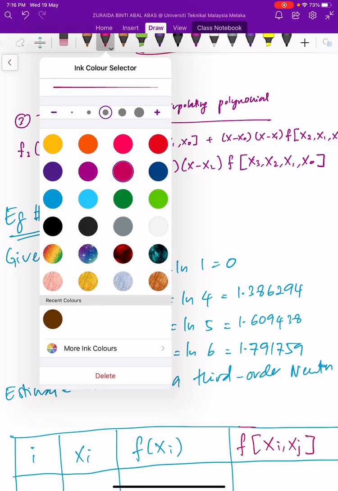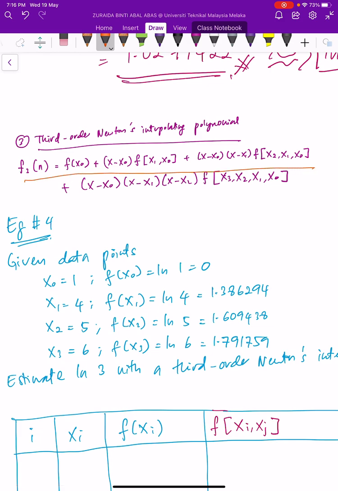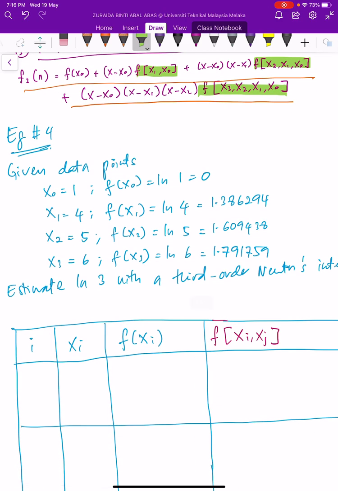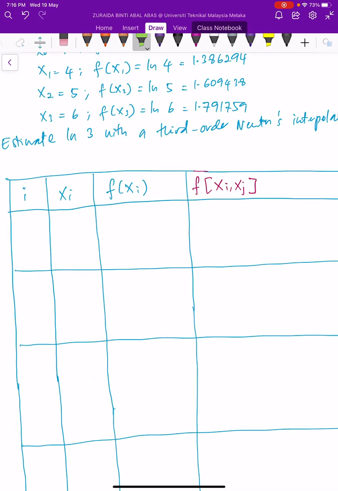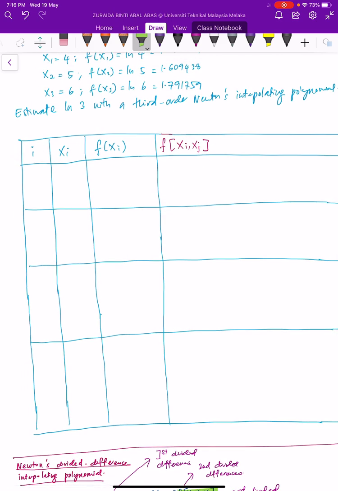This is the general formula for the third order Newton's interpolating polynomial, in which you need to find the first divided differences, the second divided differences, and finally the third divided differences. Meaning that you need to come up with the table, just like what we have discussed before.